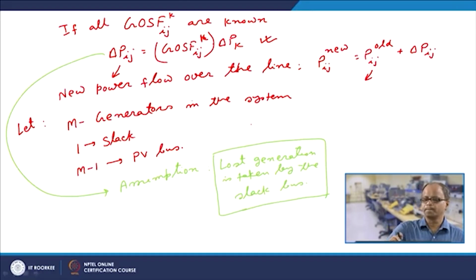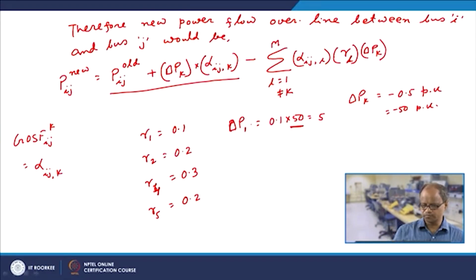If I have 5 generators and generator 3 goes out of order, then to compensate for that, the generator at bus 1 has to inject an extra amount of power. So it would be positive.